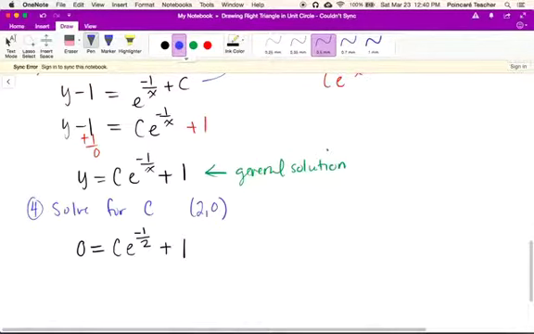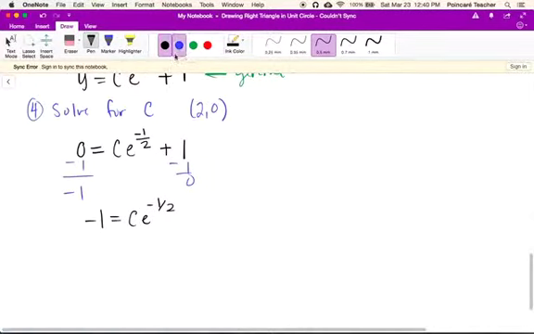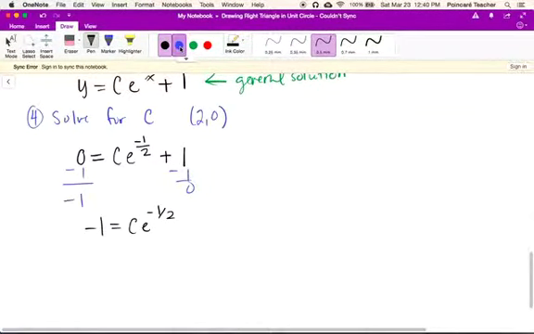So if I subtract 1 on both sides, I'll have negative 1 equal to c e to the negative 1/2. Now I want to solve for c, so I'm going to divide both sides by e to the negative 1/2.